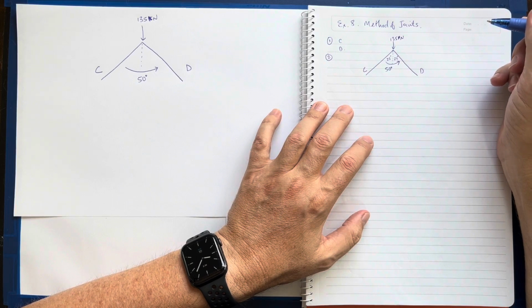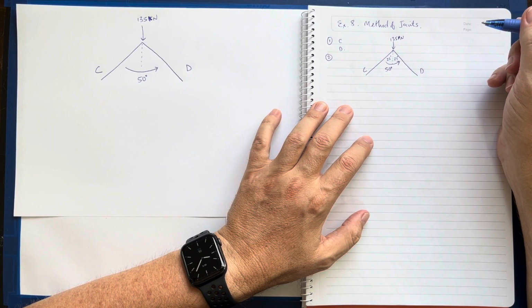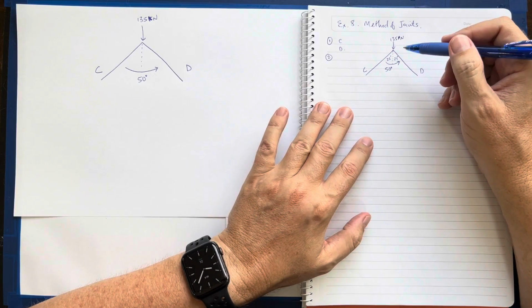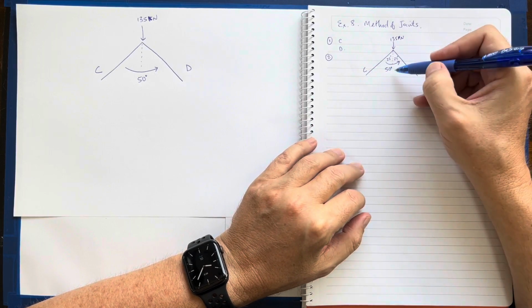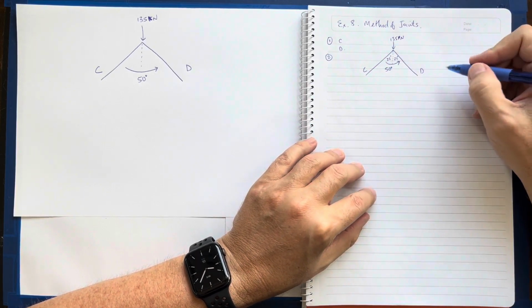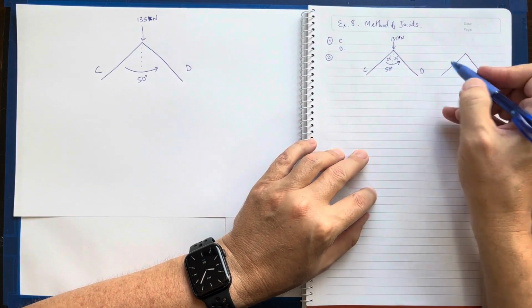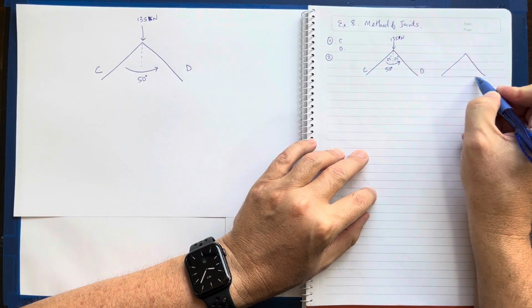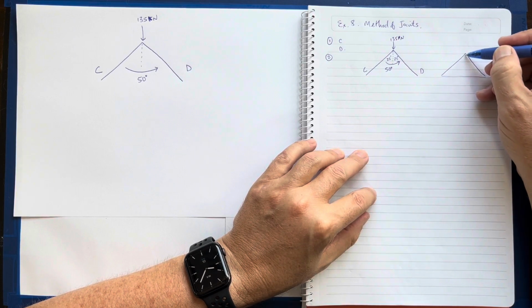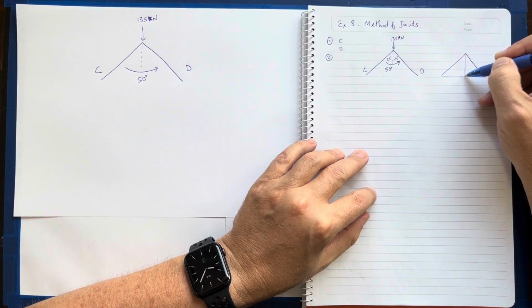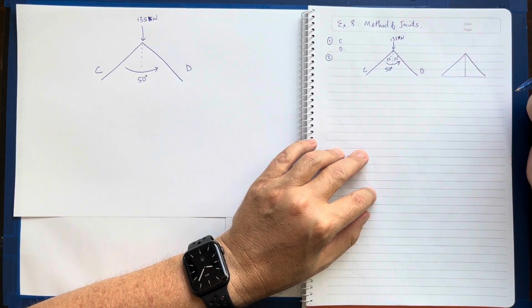So I've redrawn it. I've got a good idea of what I'm looking at. Now, it's going to be quite tricky doing it like this. So automatically what I see is two triangles, looking something like this. I'm going to draw that like that, and that like that.